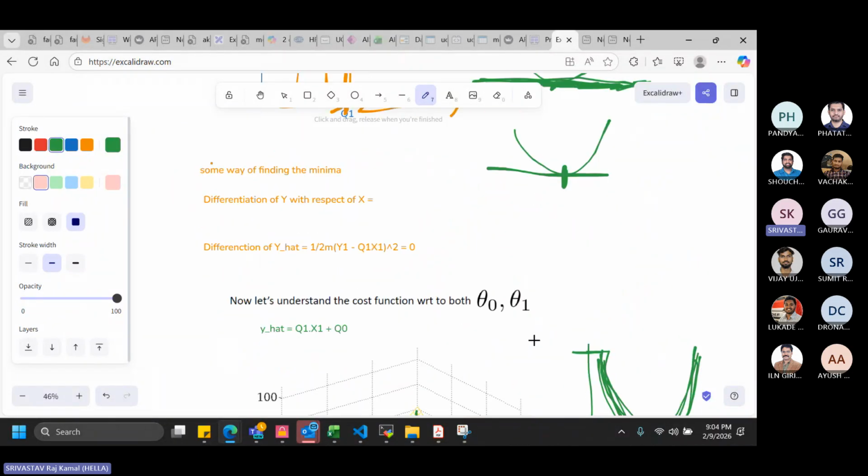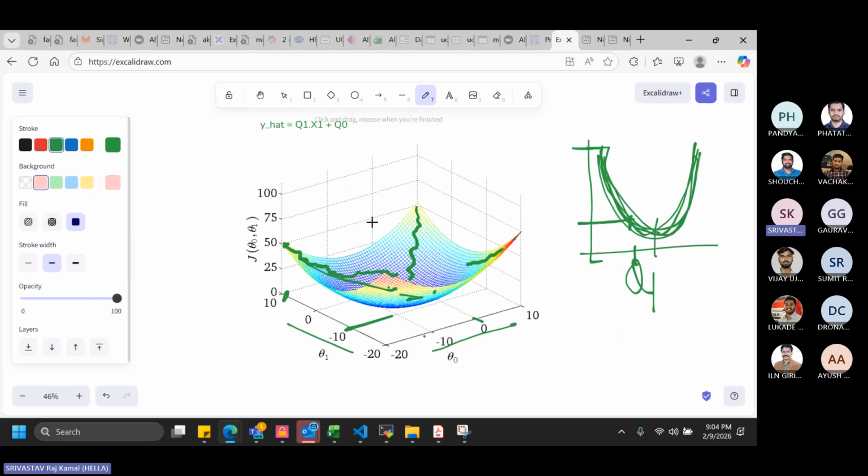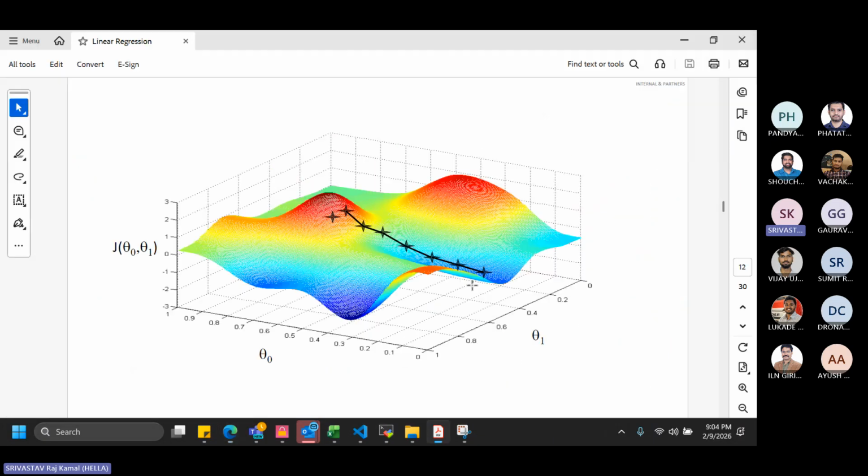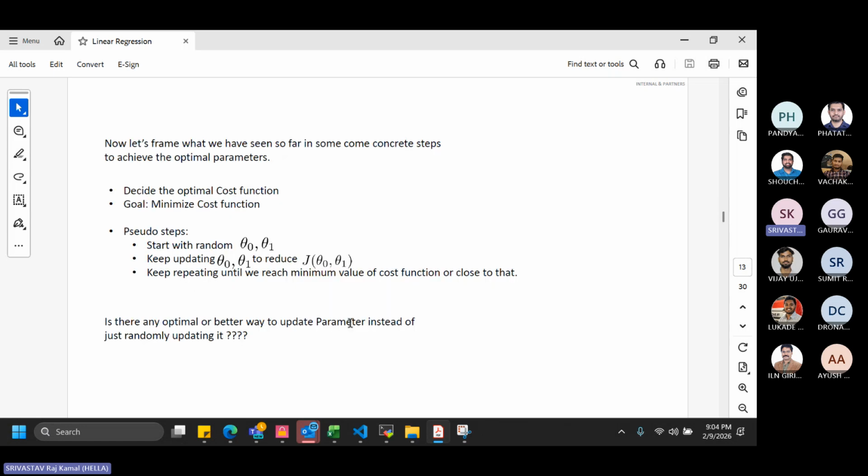We are dealing with a cost function which varies on different values of theta 0. Therefore, we need to reach the global minima rather than a local minima. This is solved by an algorithm on which linear regression depends, which is called gradient descent, right? So this is going to be our next and final objective of linear regression.